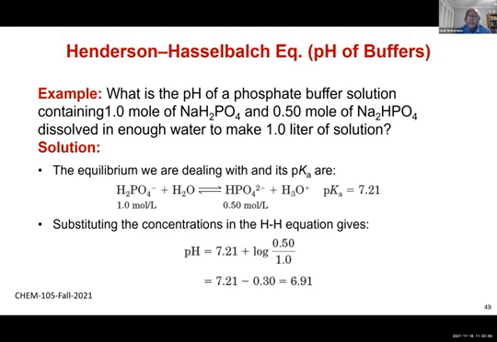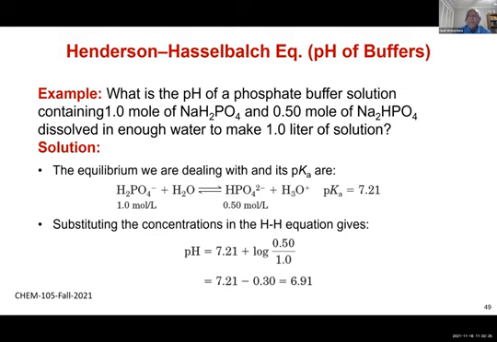The 0.50 comes from the conjugate base concentration, and the 1.0 comes from the weak acid concentration. So the pH of the buffer made from these compositions is 6.91.